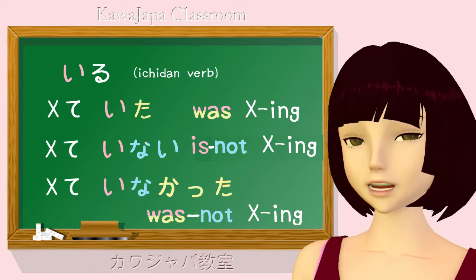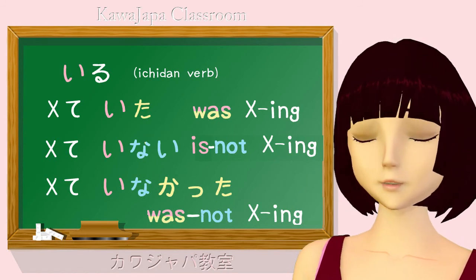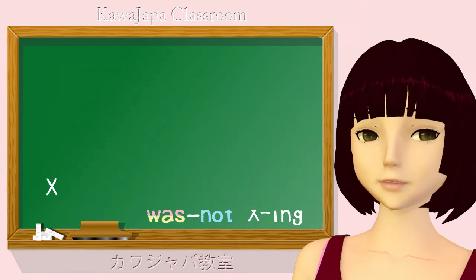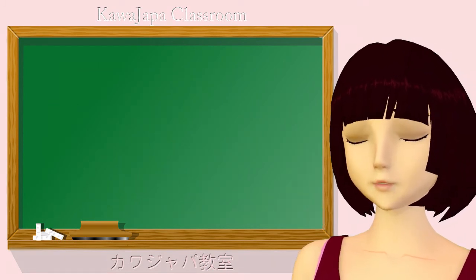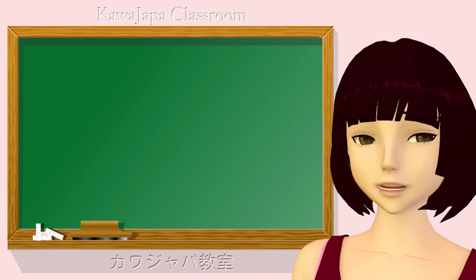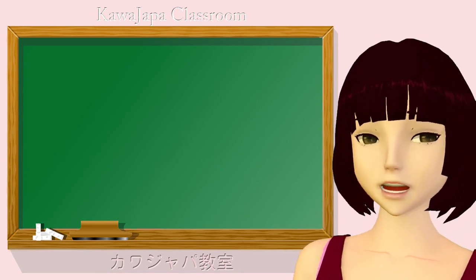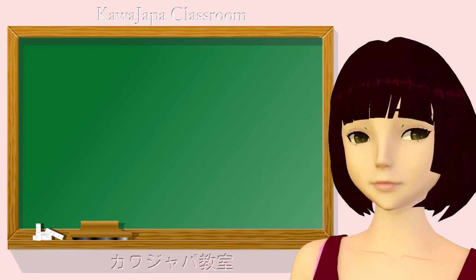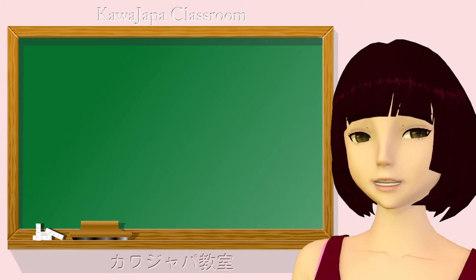Now, one thing we should notice about this form, where it does differ a little bit from English, is that it can not only mean that one is in the act of doing something, but also it can mean that one has done something and the effects of that act continue. So, you might ask, Sakura ga nete imasu ka? Is Sakura sleeping?